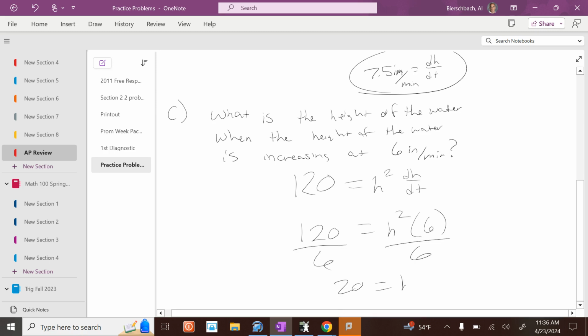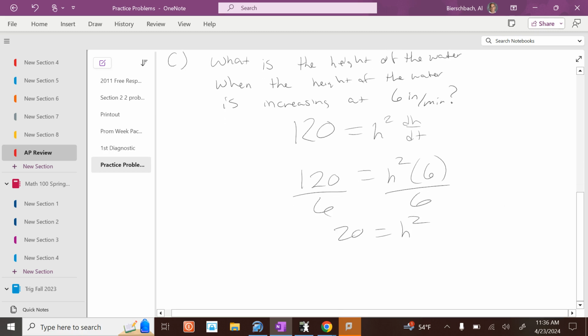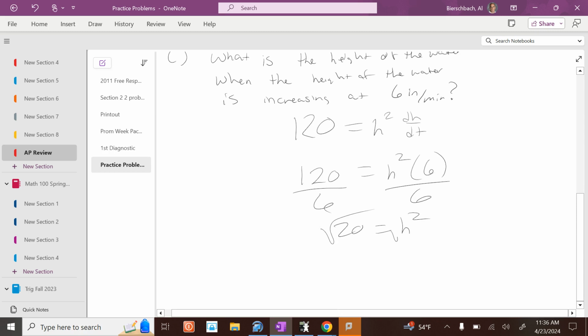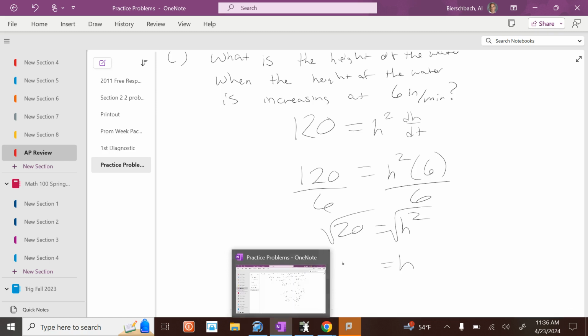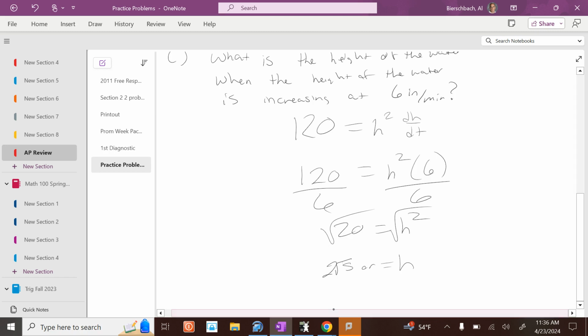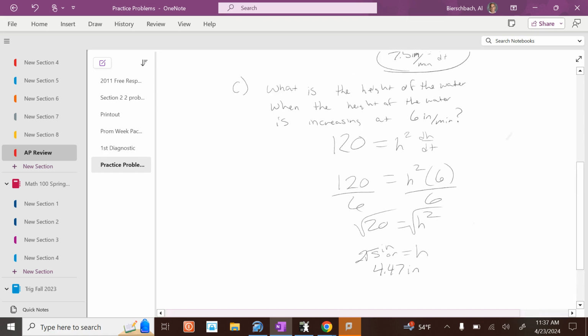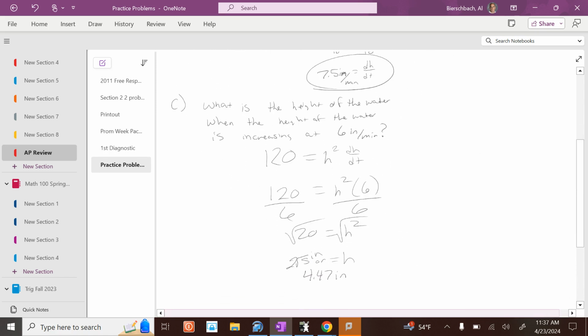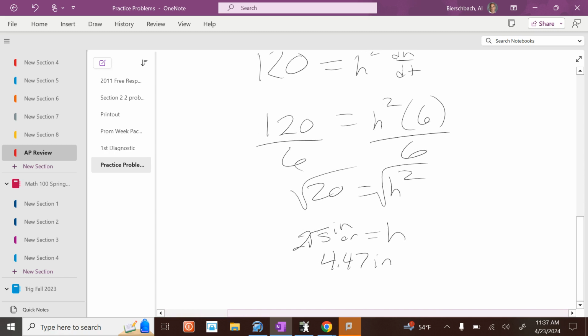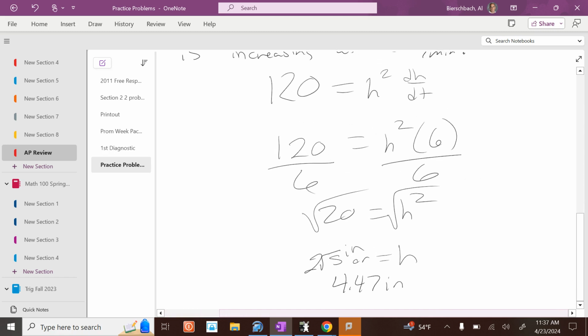We get 20 equals h squared, and then what is the height? 2 square root of 5, or decimal. 4.47 inches. Because it's h squared. Okay?